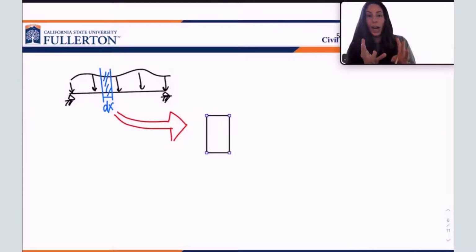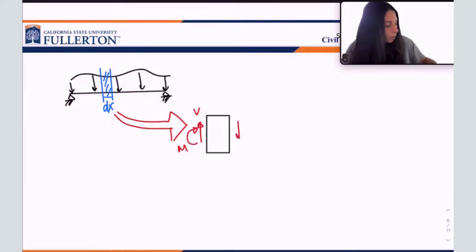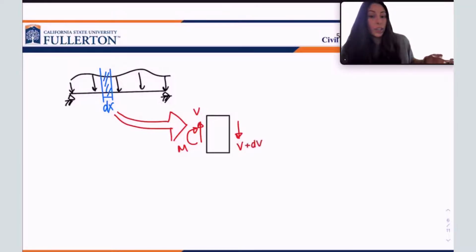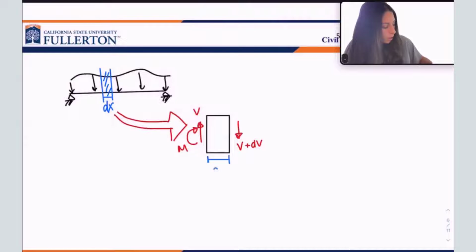Okay. So if I have this little teeny tiny cut that I'm making, what happens? Well, I've made a cut in the middle of the beam. I have those internal forces. So I have on this left side some shear force, and then I have some moment, and then I have equilibrium. So I have some V on this side, but because my loading is changing, it's V plus whatever the change in V is from one point to another, because remember, this element has a width of dx.